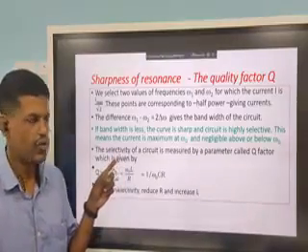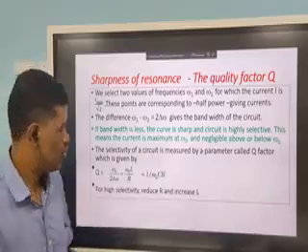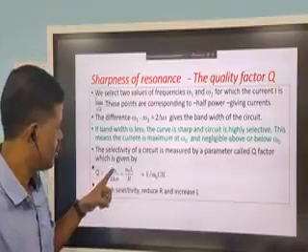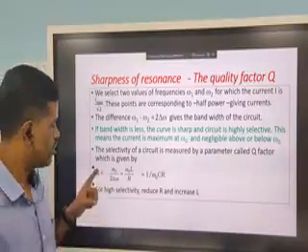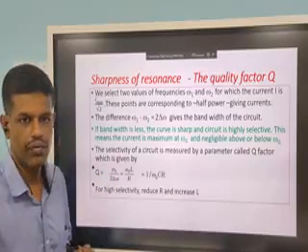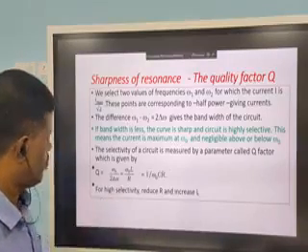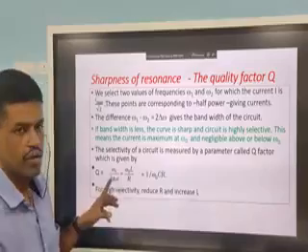For any LCR circuit, we can define a parameter called quality factor. Quality factor is defined as omega 0 divided by 2 delta omega. So quality factor is inversely proportional to bandwidth. We can say quality factor is high when bandwidth is small. For high selectivity, what should you do?